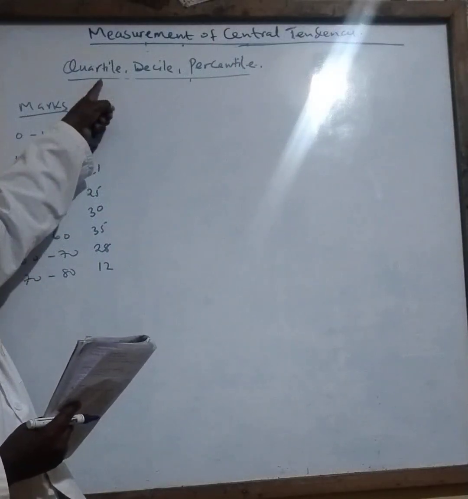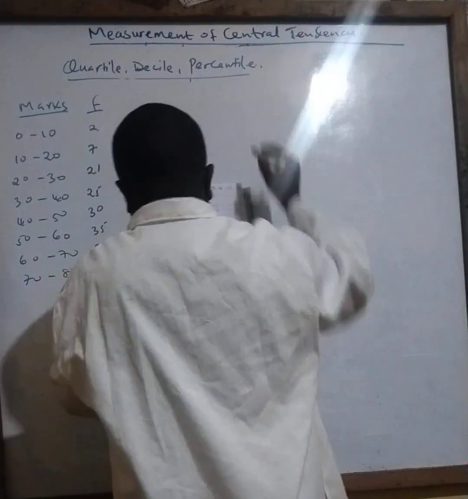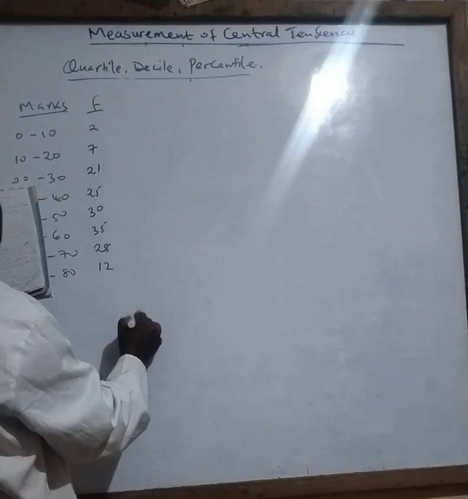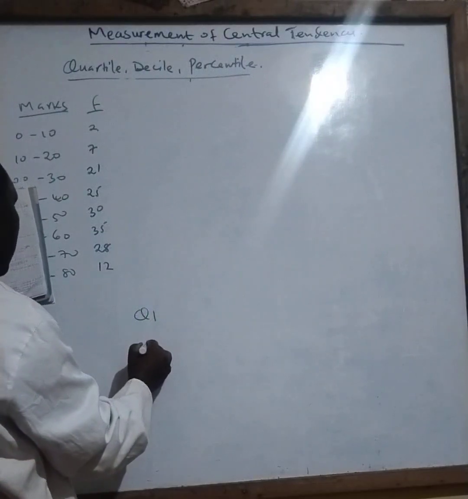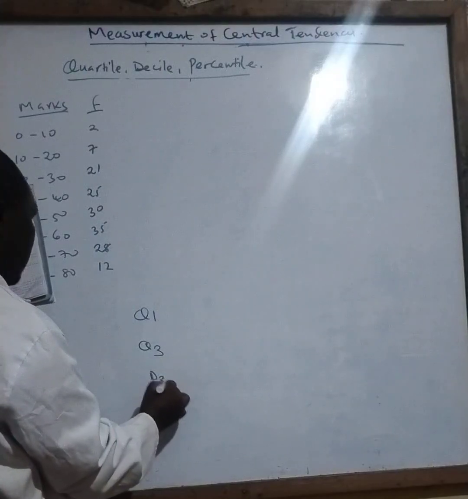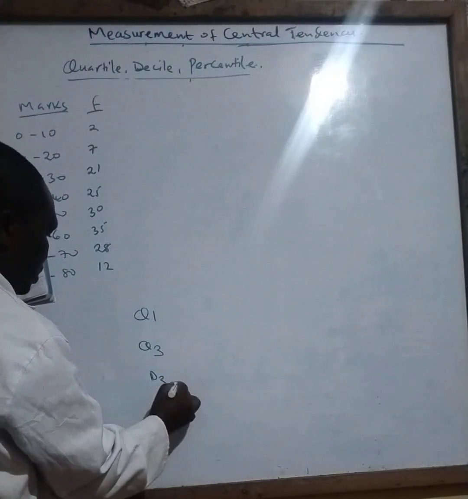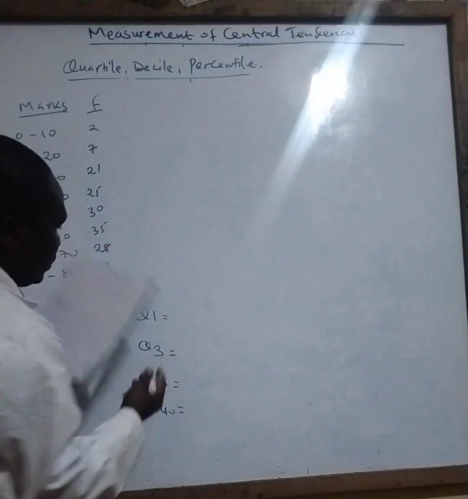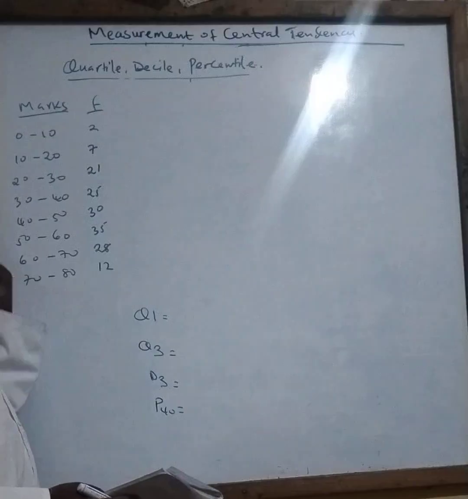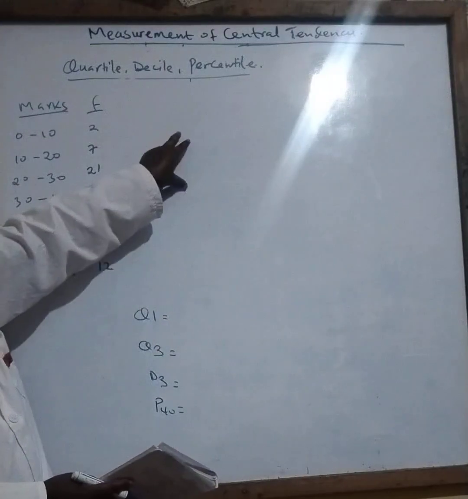Now, I want to find out quartile. So you have been asked to calculate, let me write them here: calculate Q1, calculate Q3, calculate D3, and calculate P40. Are you seeing that, class? Now, because it is in this form, we cannot take it the way we have done the first one.